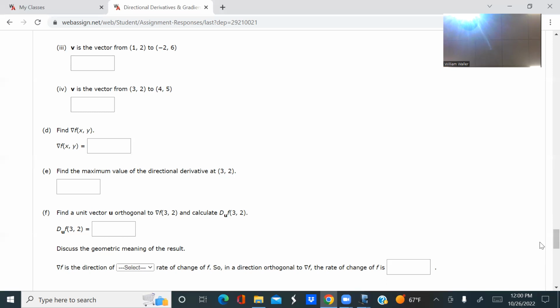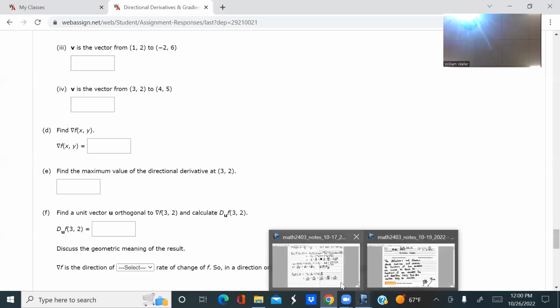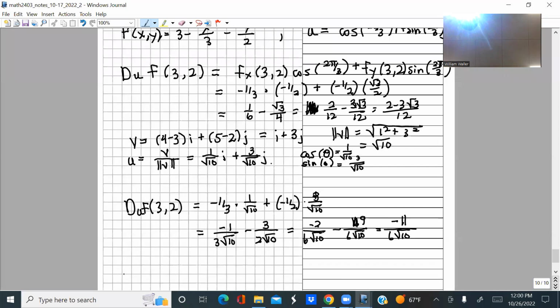So now I've forgotten, what is the formula for the gradient? Oh, okay.